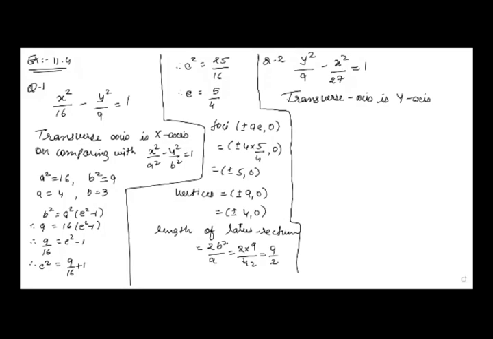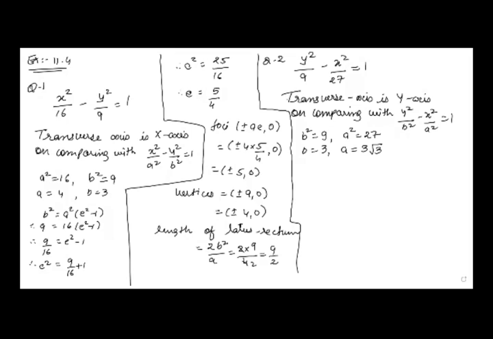So I will recall all the formulas pertaining to the transverse axis as y-axis. So on comparing with y square by b square minus x square by a square is equal to 1, my b square is 9, a square is 27. So b is 3, a is 3 root 3.